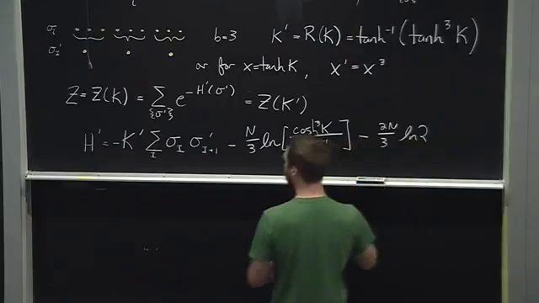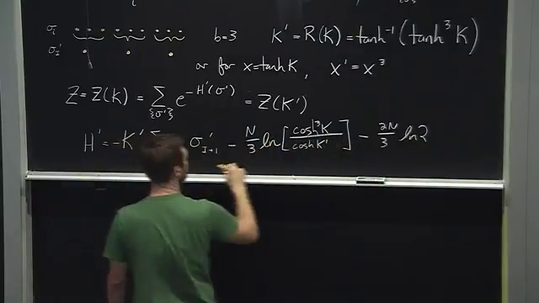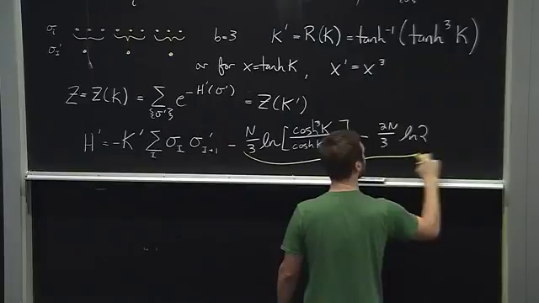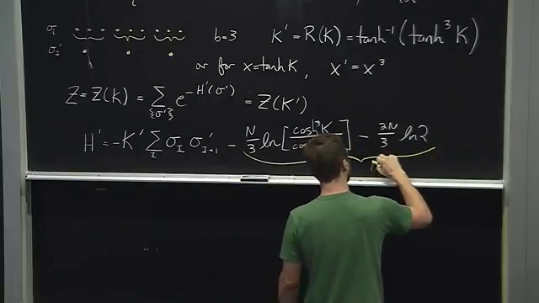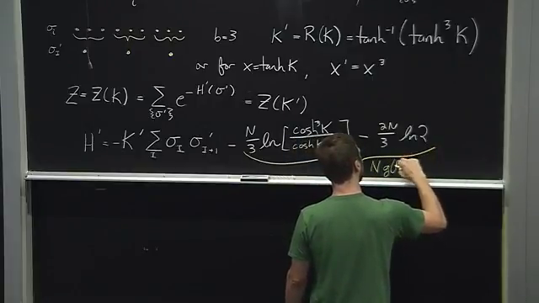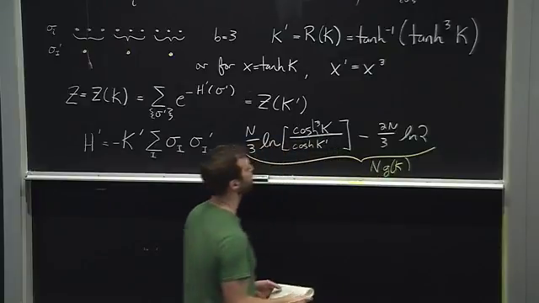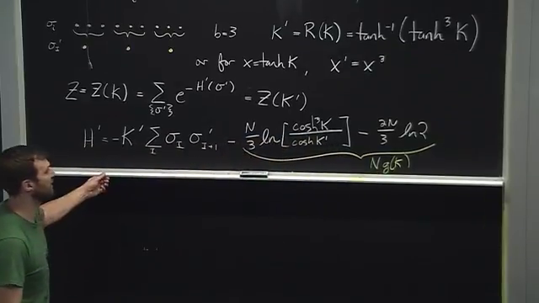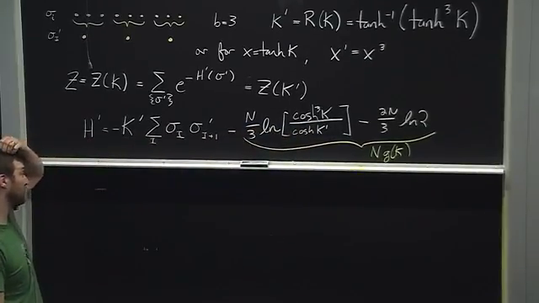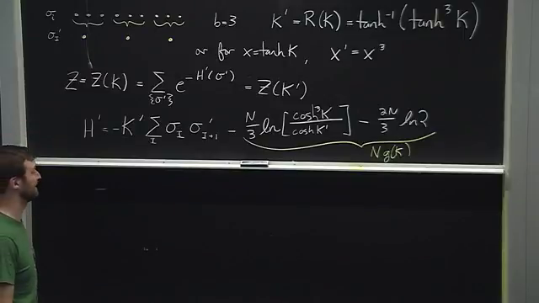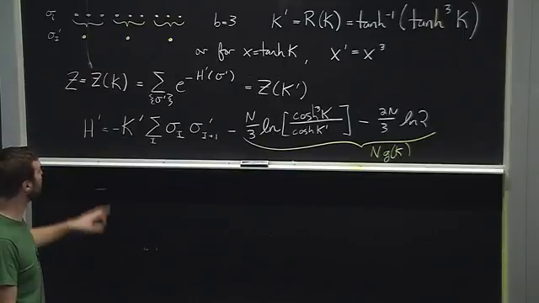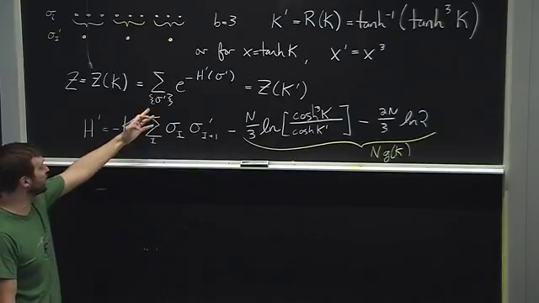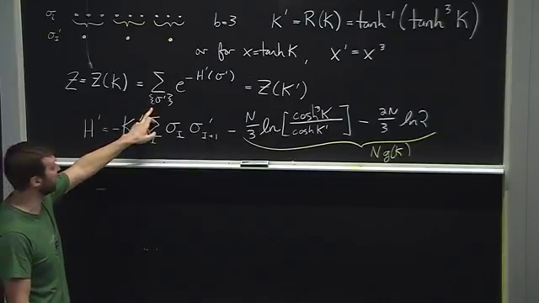And I call this thing N G of K. So it depends on the couplings, but it doesn't depend on the variables or the degrees of freedom that are contained in the trace.